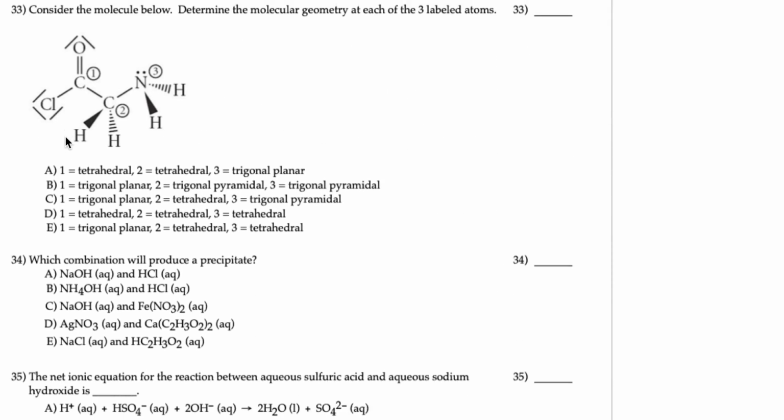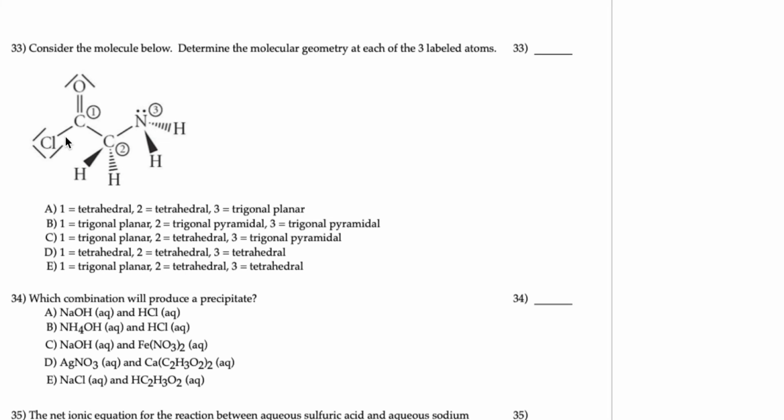And then I thought we did this one here, but I'm not sure, so I'll go ahead and redo it. So we're looking at the molecule here, and we're asked to determine the molecular geometry at each of the three labeled atoms.